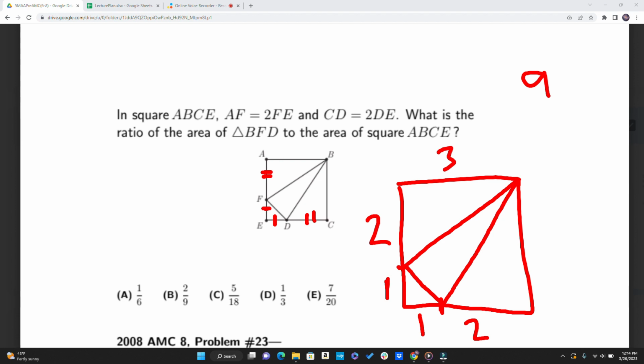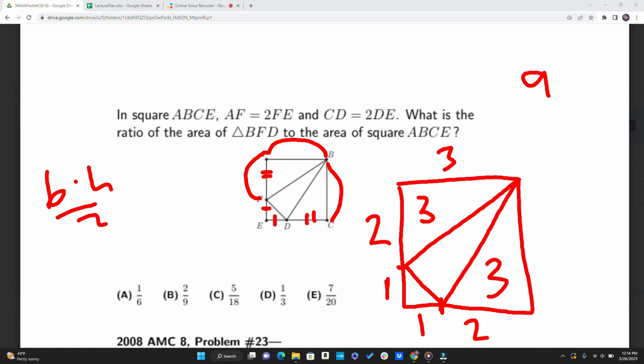So we've got a 2 by 3 triangle, right? FAB. We've got a 2 by 3 triangle that has area 2 times 3 divided by 2. Remember, area of a triangle, base times height divided by 2. That is 2 times 3 over 2 is 3. The same is true for BCD, right? 2 by 3 also has area 3.